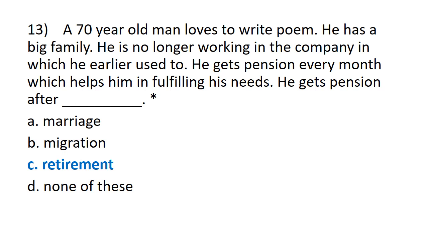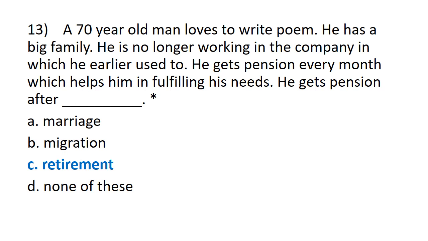Children, does any person get pension after marriage? No. Nobody gets pension after marriage. Then migration. Migration is moving from one place to another place. So when a person migrates, he doesn't get a pension.